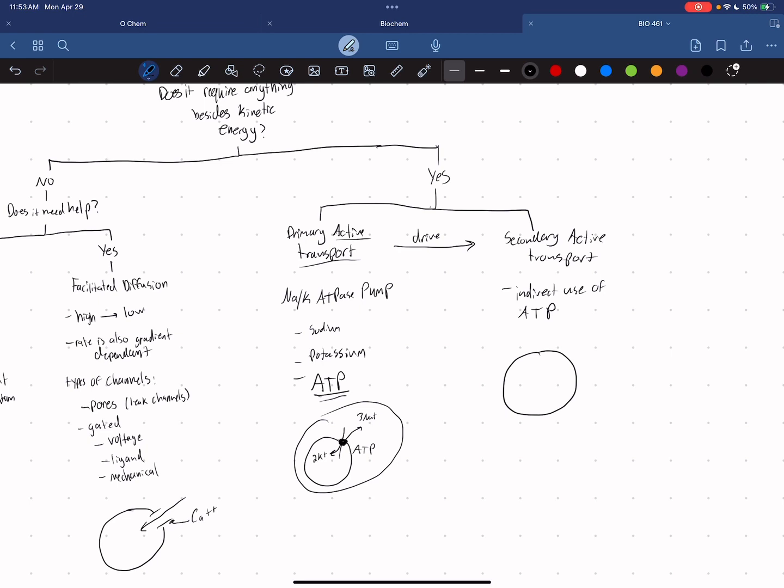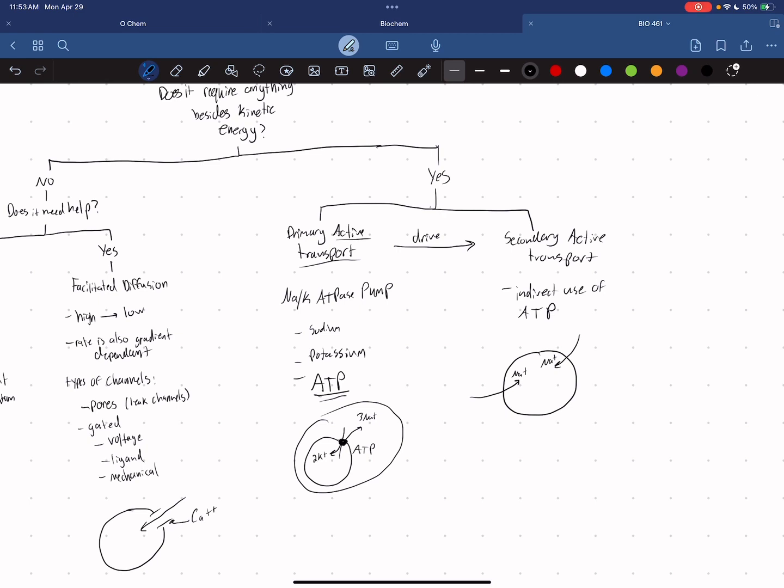Drawing a cell here, we will show that this transport is going to push sodium into the cell against its concentration gradient.